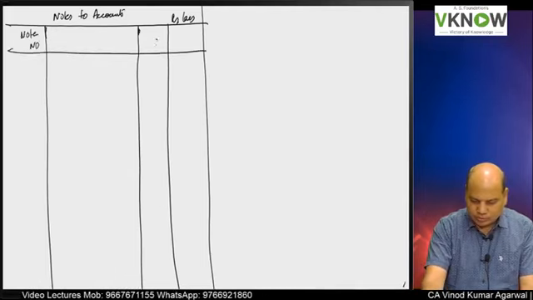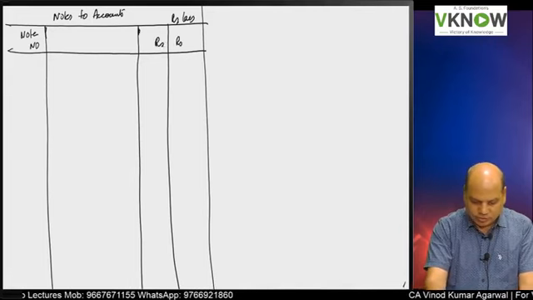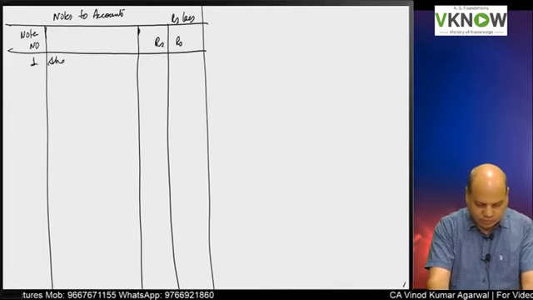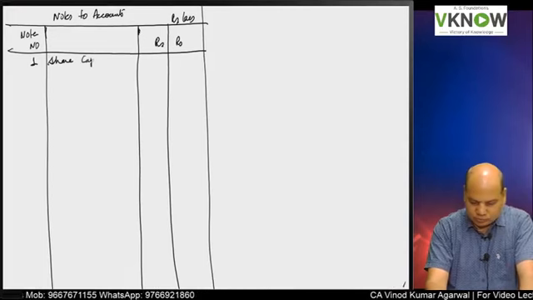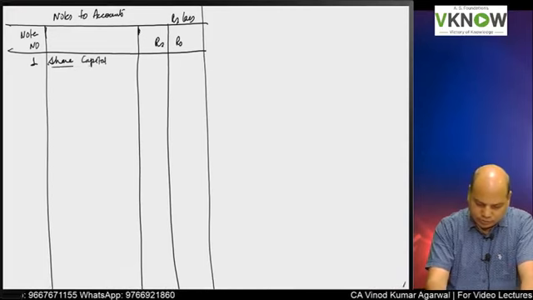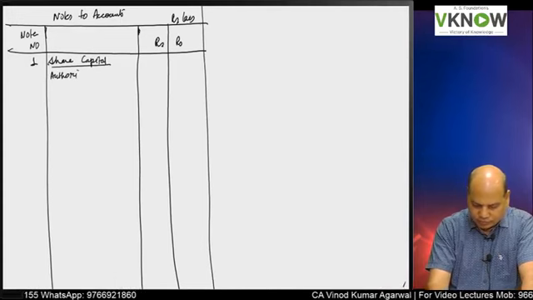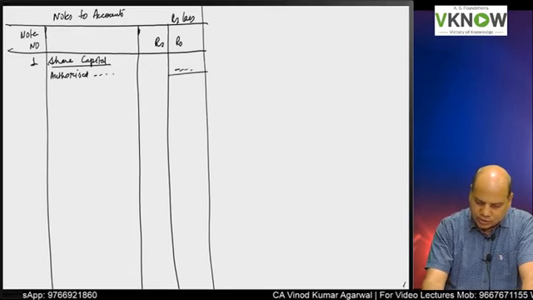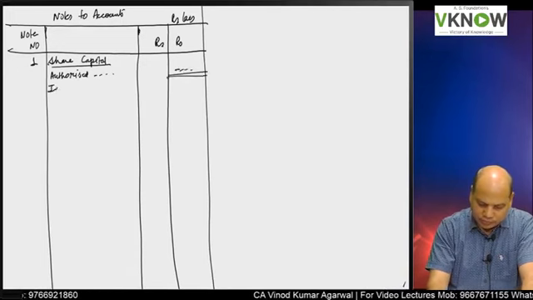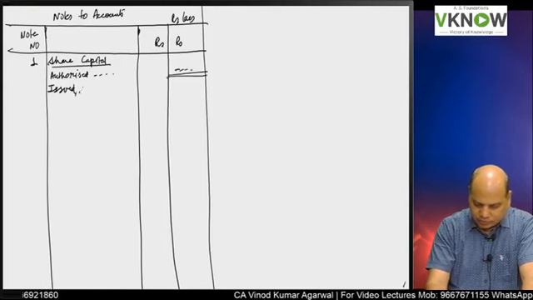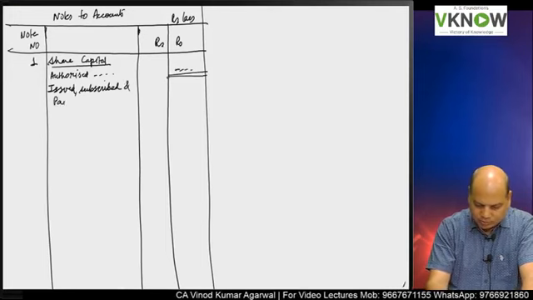Note number 1, share capital. Under that write down authorized, just write a dash and double underline. Then issued, subscribed and paid up.